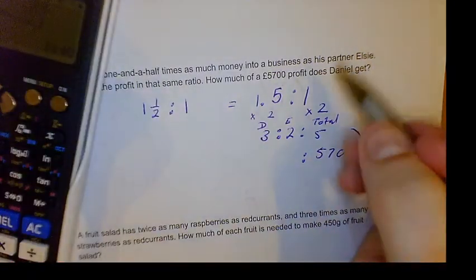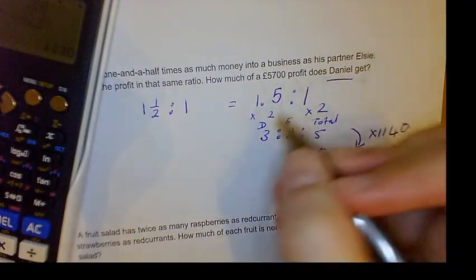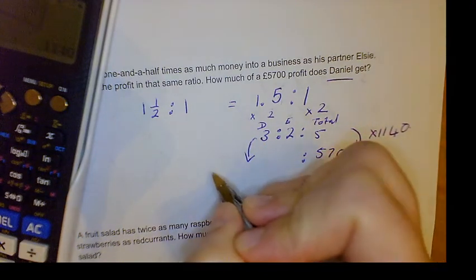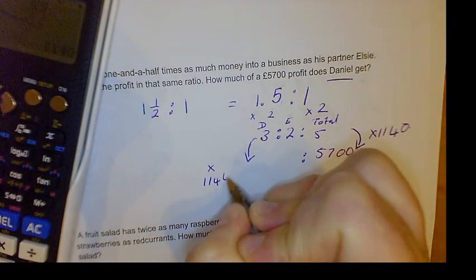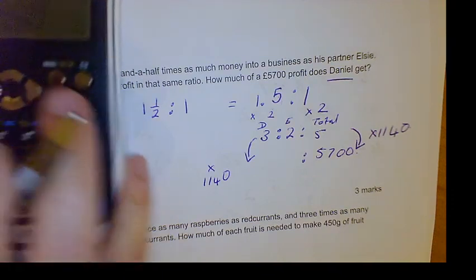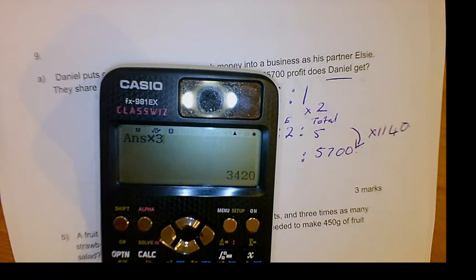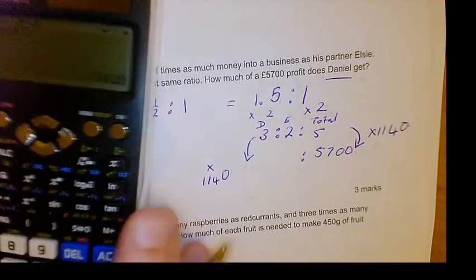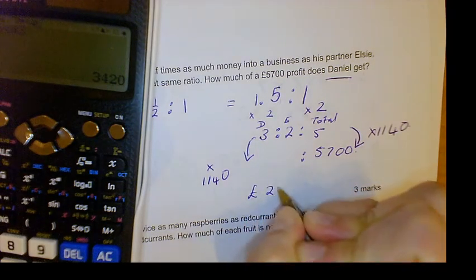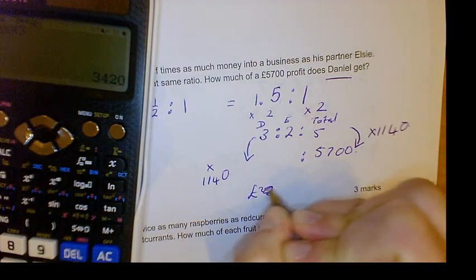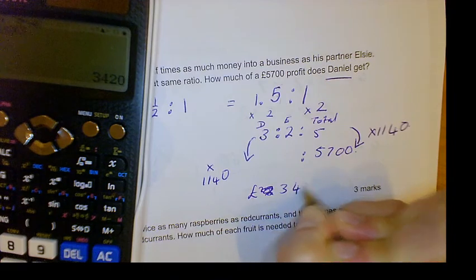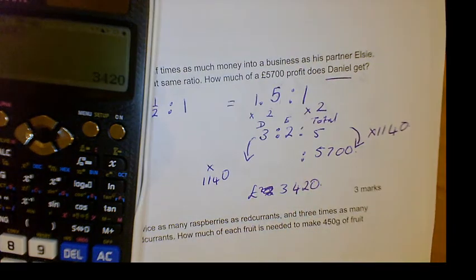And I'm only asked for Daniel's share, so I'm only going to times the 3 by 1140. So 1140 times 3, which gives me that Daniel gets 3,420 pounds.